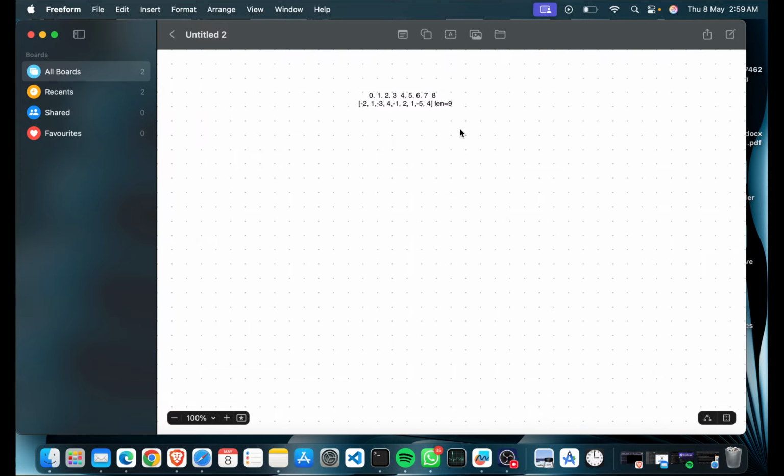Okay, now here we are. Again, text. So the first thing I should take is 0 to length, which is 9 minus 1, that is 8.